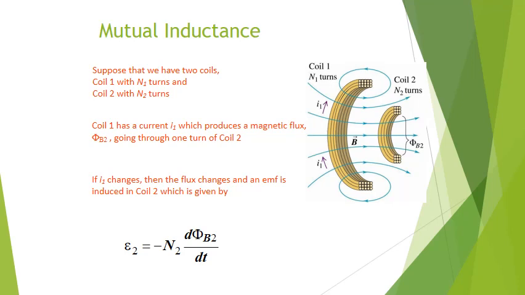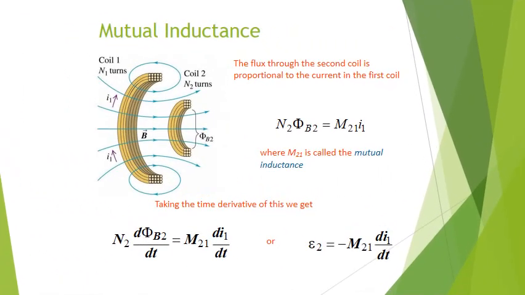If I1 changes, the flux changes and an EMF is induced in coil 2, which is given by E2 equals minus N2 dΦB2 by dt. The flux through the second coil is proportional to the current in the first coil.